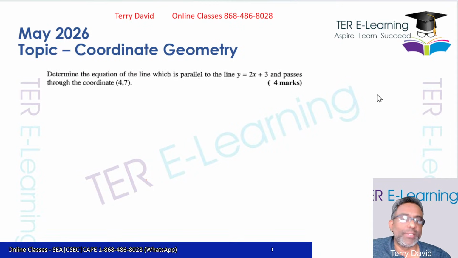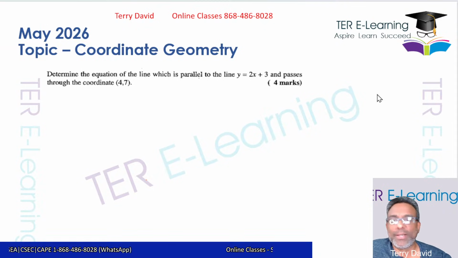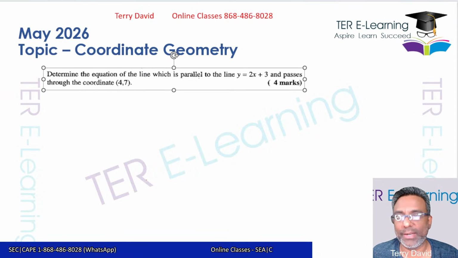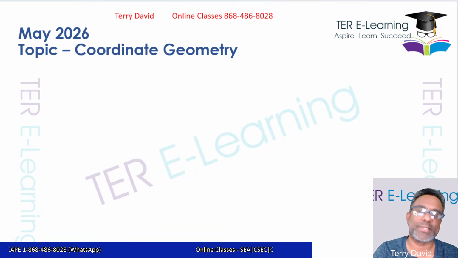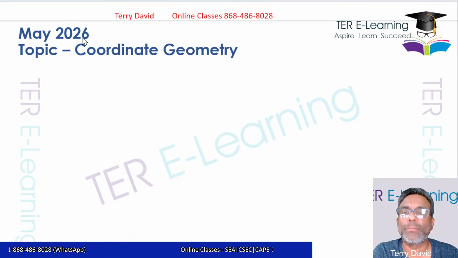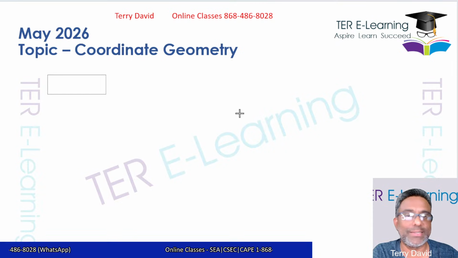All right, so we want to determine the equation of the line which is parallel to y is equal to 2x plus 3 and passes through the point (4, 7). All right, I won't do this one here. I'll give you our next question here. Because there's something else that CXC tends to bring sometimes.